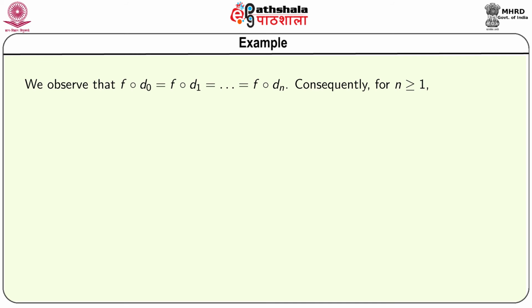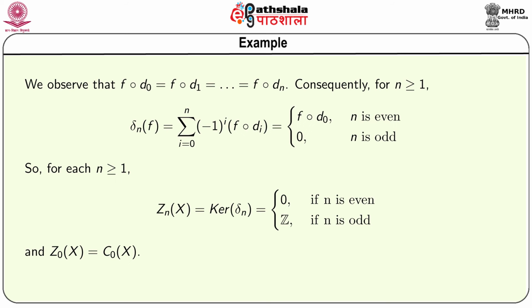Now, we observe that f composed d_0 is equal to f composed d_1 and so on up to f composed d_n, and consequently for n greater than or equal to 1, we have delta_n f equal to the summation i equal to 0 to n of (-1)^i f composed d_i, and that is equal to f composed d_0 if n is even, and it is 0 if n is odd.